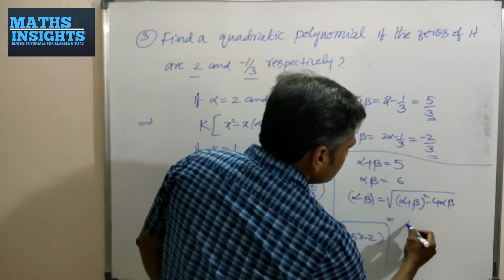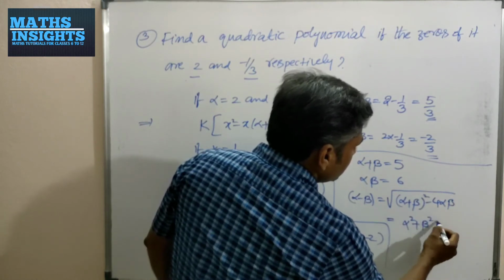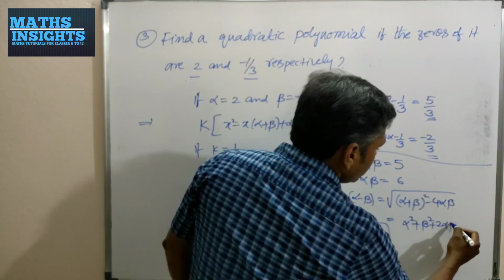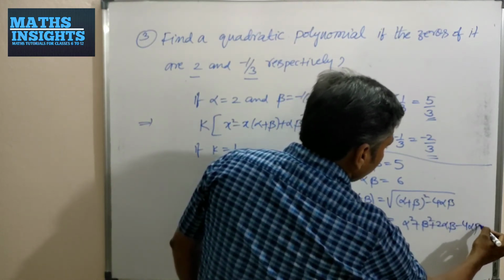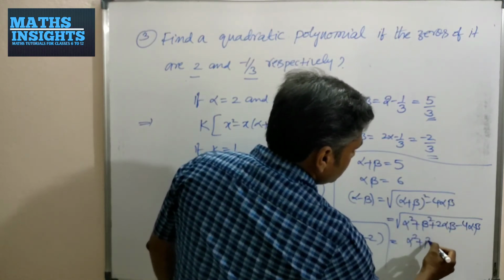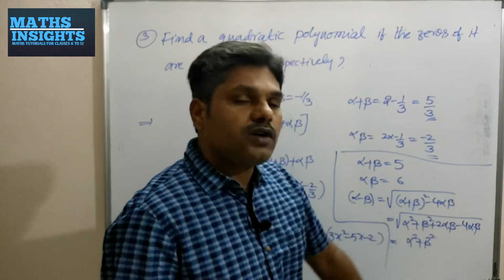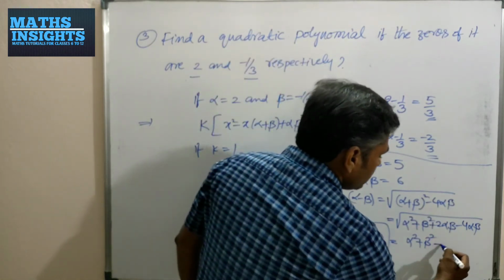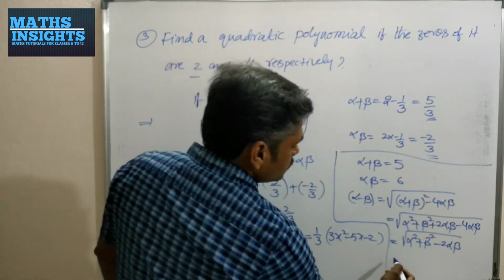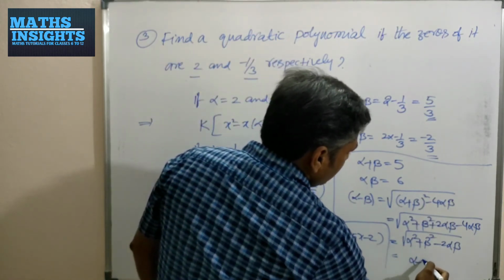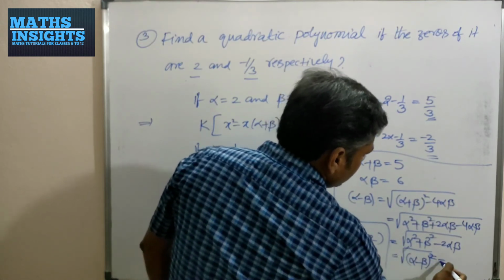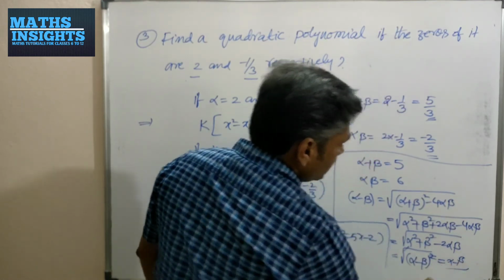Expanding this, alpha square plus beta square plus 2 alpha beta minus 4 alpha beta becomes alpha square plus beta square minus 2 alpha beta, under the square root. This can be written as the square root of (alpha minus beta) whole square. If you cancel, you get back alpha minus beta.